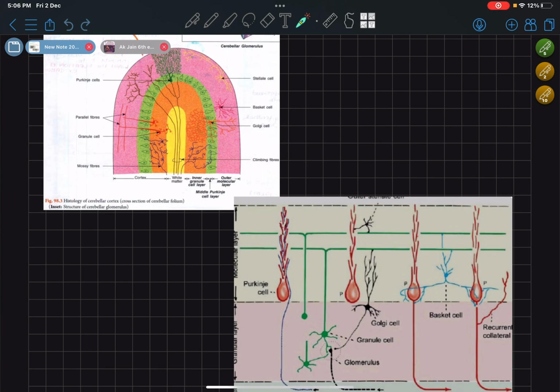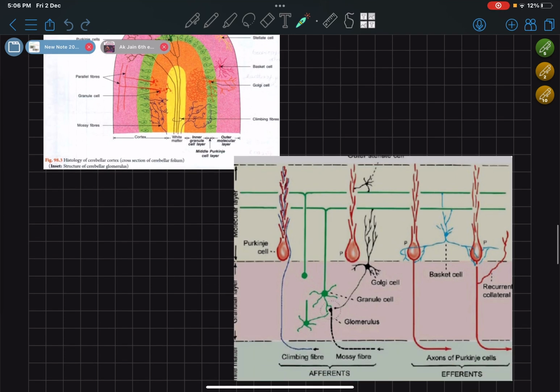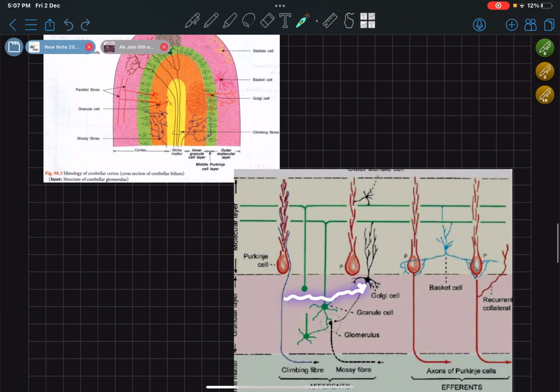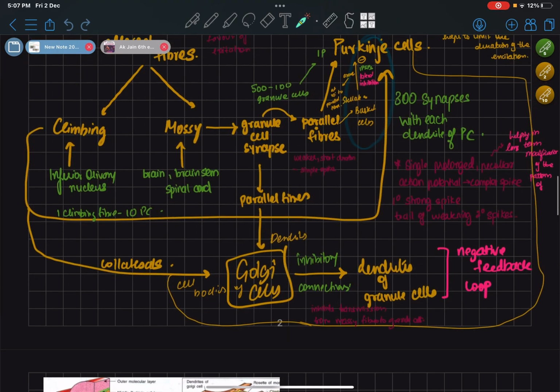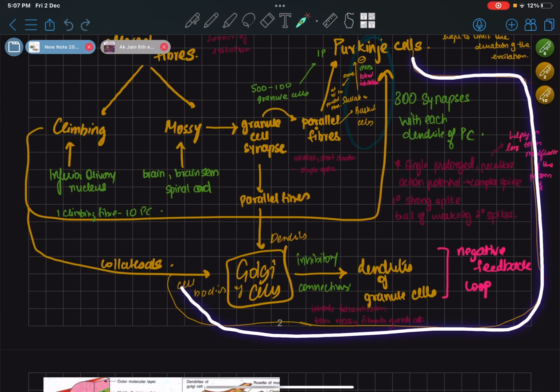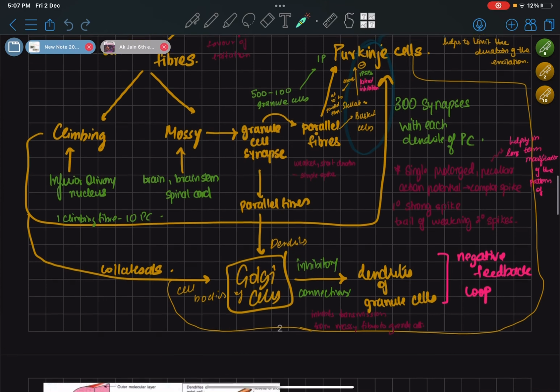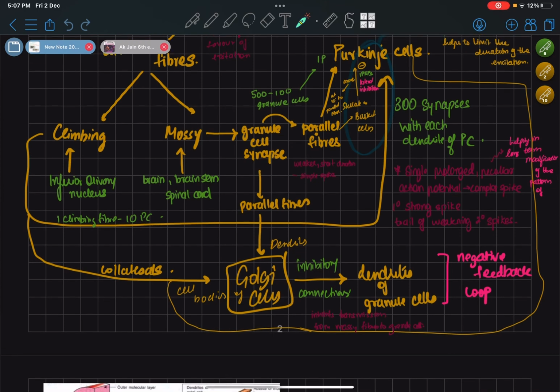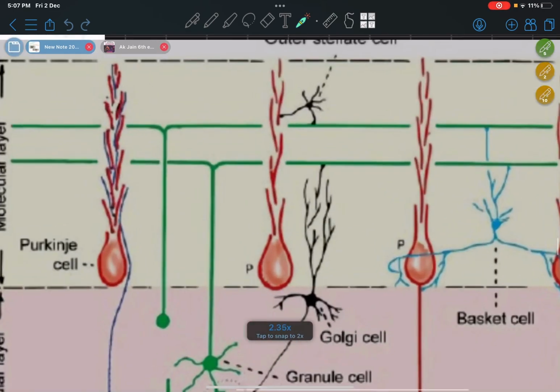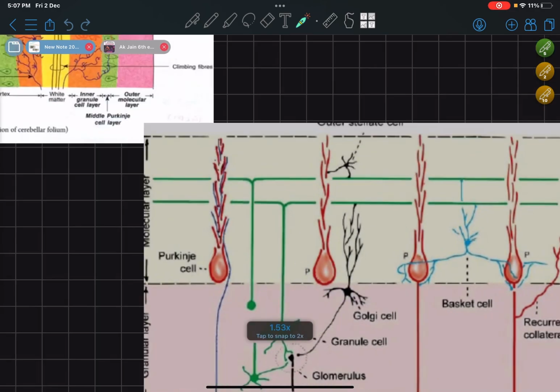And the Purkinje cells also send certain fibers to the cell bodies of the Golgi cells. Apart from that, the granule cells give parallel fibers, and these parallel fibers go and synapse with the dendrites of the Golgi cells. So we have the climbing fibers and the Purkinje cell fibers synapsing with the cell body, and then we have the dendrites, which get input from the parallel fibers of the granule cells.